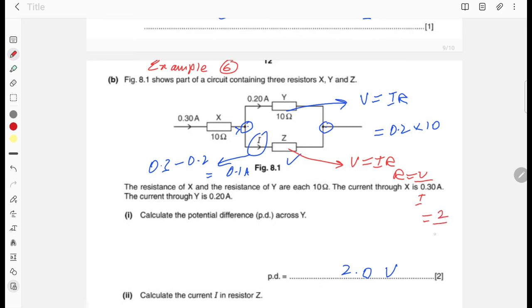Current entering Z is 0.1, so this is 20 ohm. So the resistance of Z is 20 ohm.